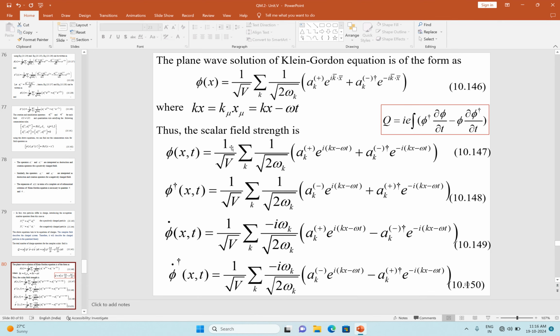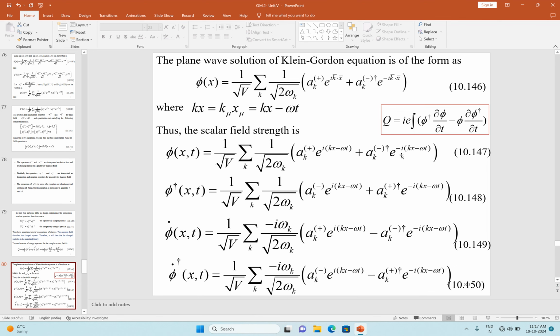Now look at how the scalar field changes: phi of x comma t equals 1 by root V, summation over k, 1 divided by root of 2 omega k, (a_k plus e to the power i, where instead of kx you substitute k·x minus omega t.